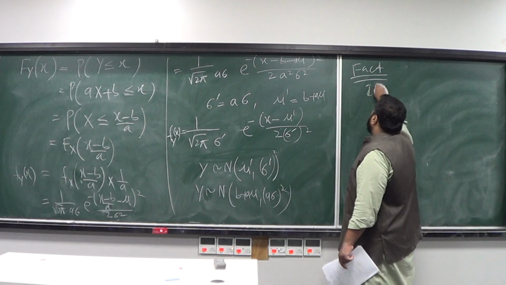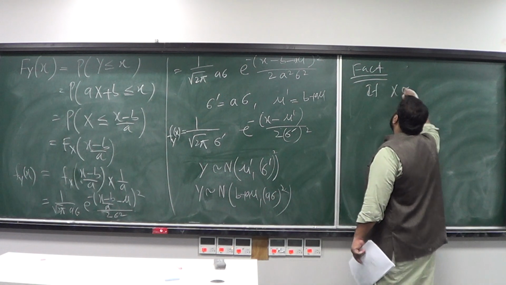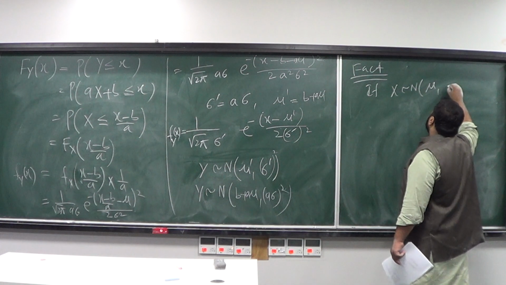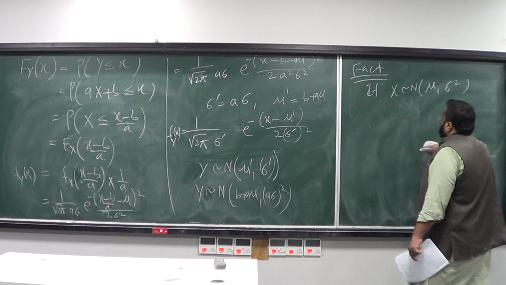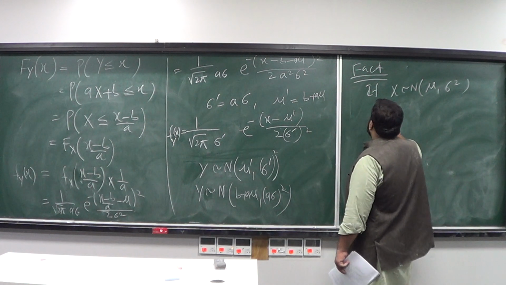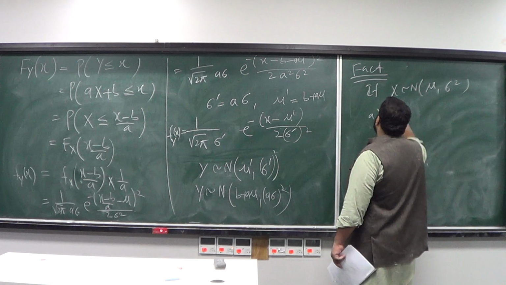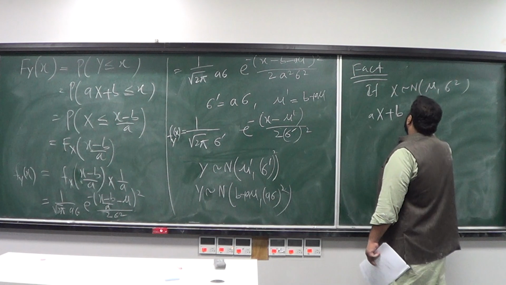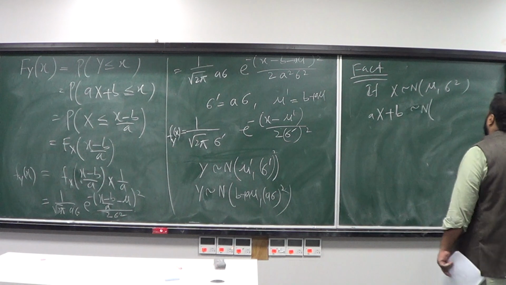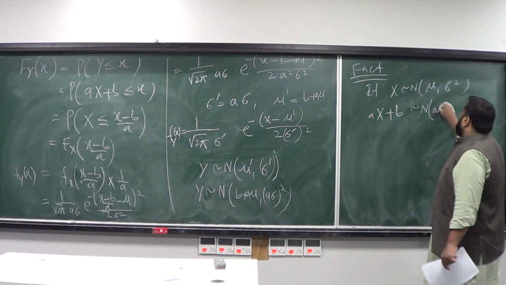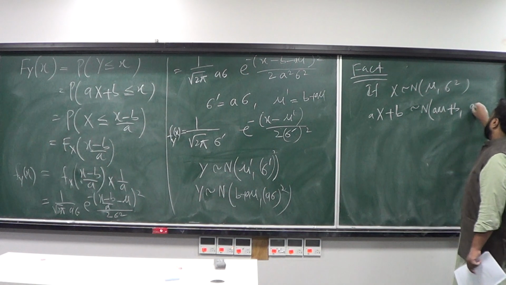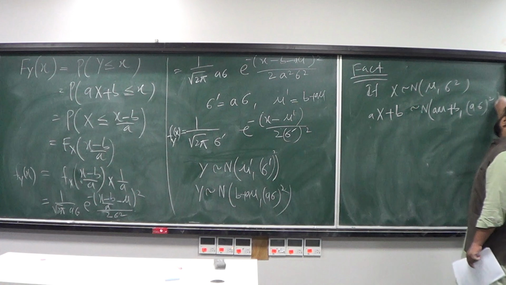So if X is normally distributed with mean mu and variance sigma square, then ax plus b is normally distributed with mean a mu plus b and variance a square sigma square.